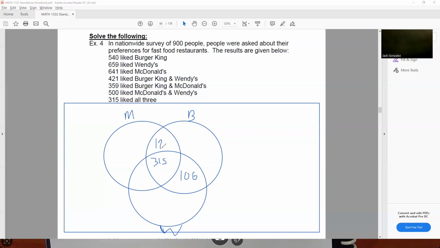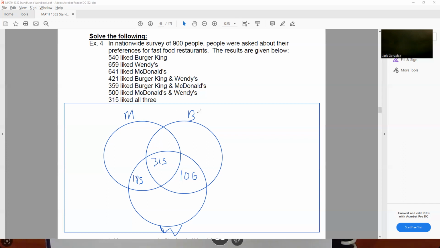So now we got that piece. What you did was take McDonald's and Wendy's, 500, and subtract 315. That gives me the 185 right there.